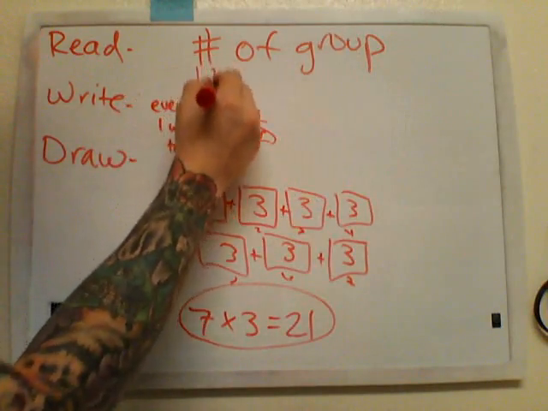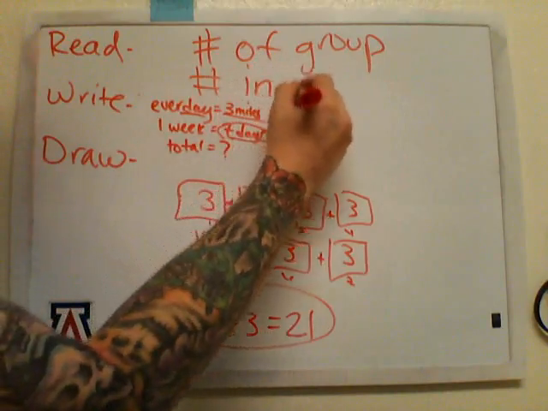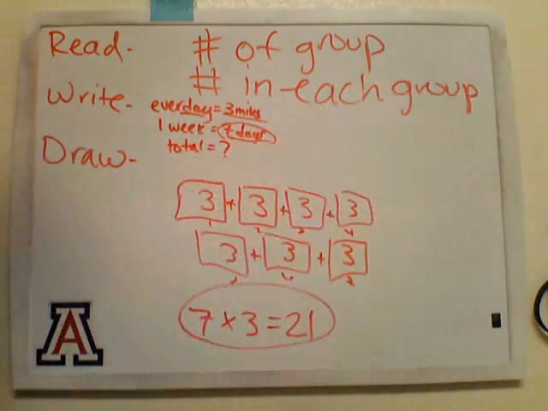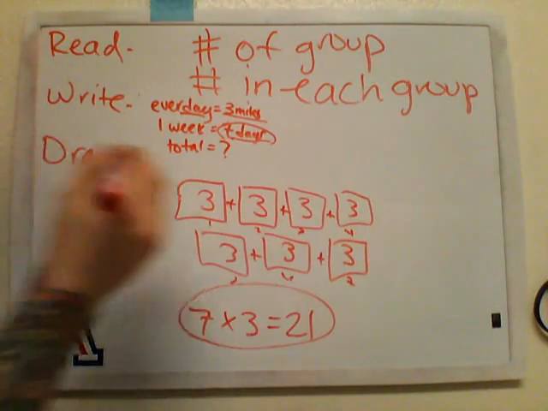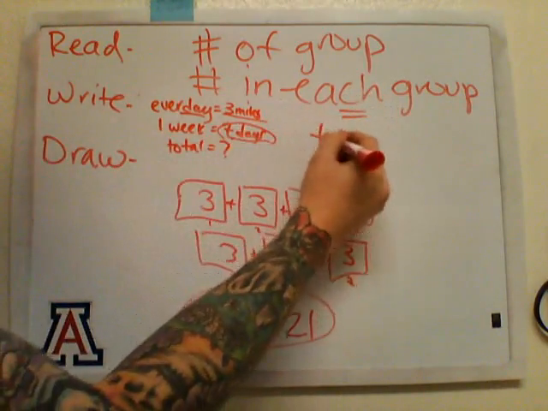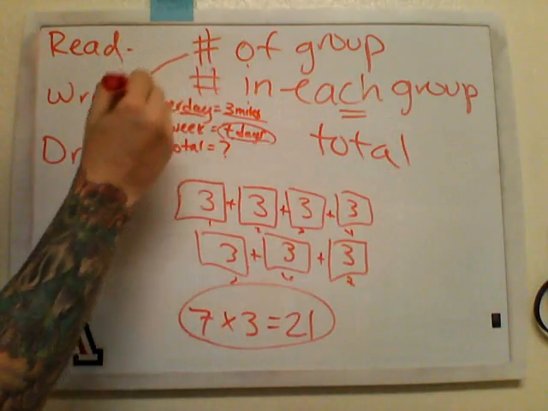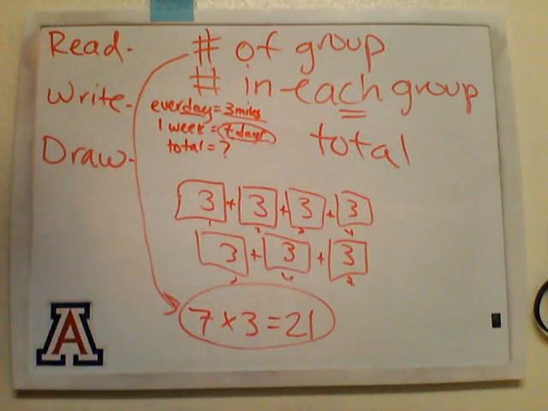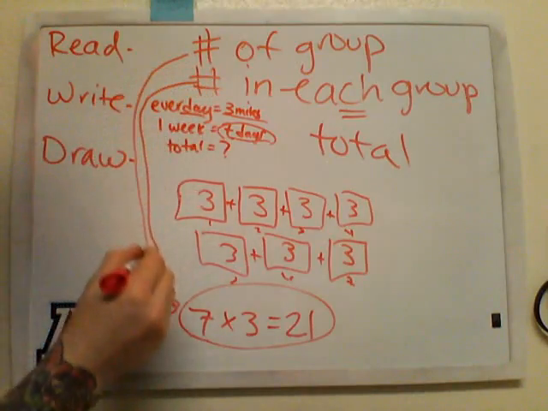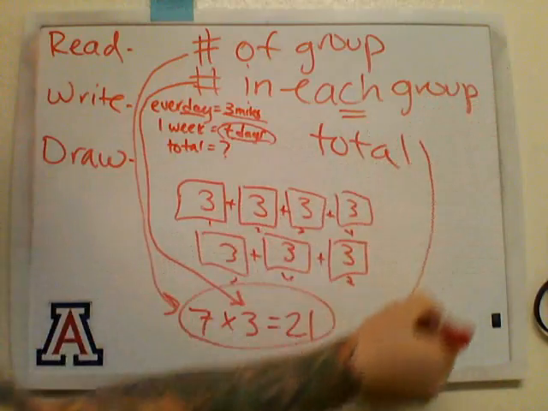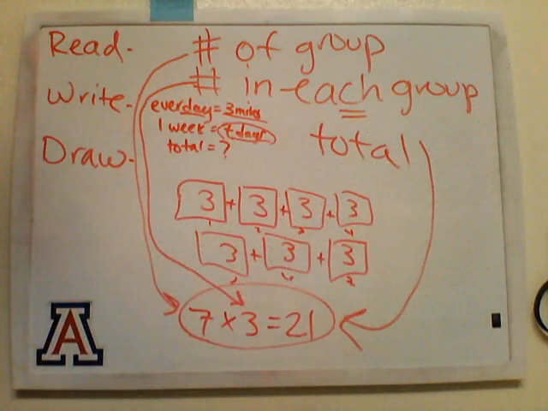One will always be the number in each group. And both of those together will equal your total. So in this one, your number of groups is 7. Your number in each group is 3, which shows your total of 21.